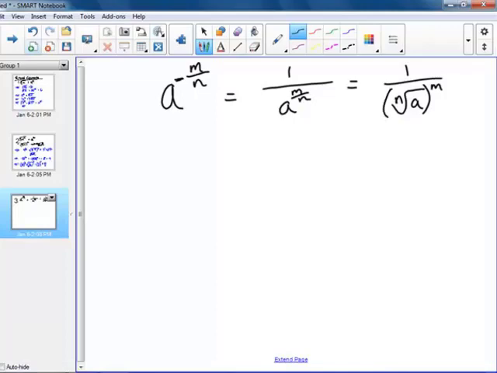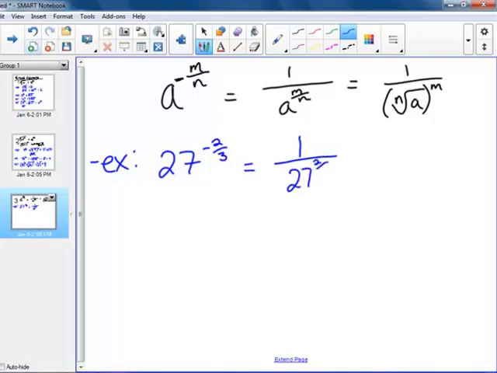All the same thing. So let's do one where we use this. Let's say we are doing 27 to the negative 2/3 power. So first step, write it in the bottom. 27 to the positive 2/3 power. Now rewrite it like we just did the last ones. This is the cube root of 27.